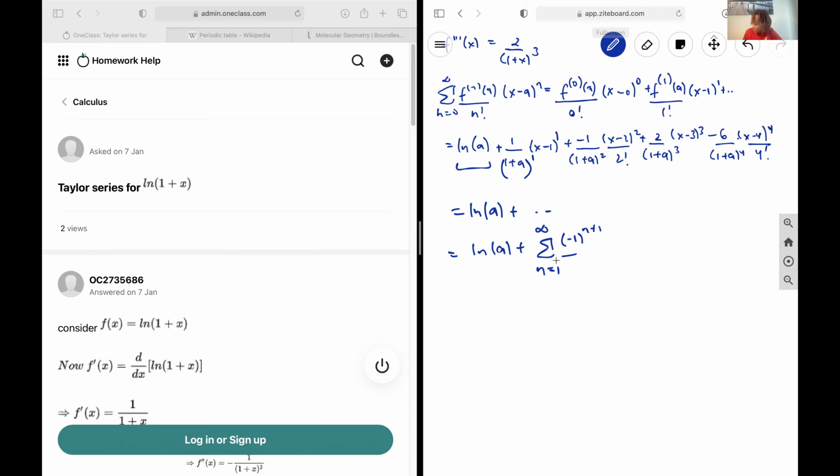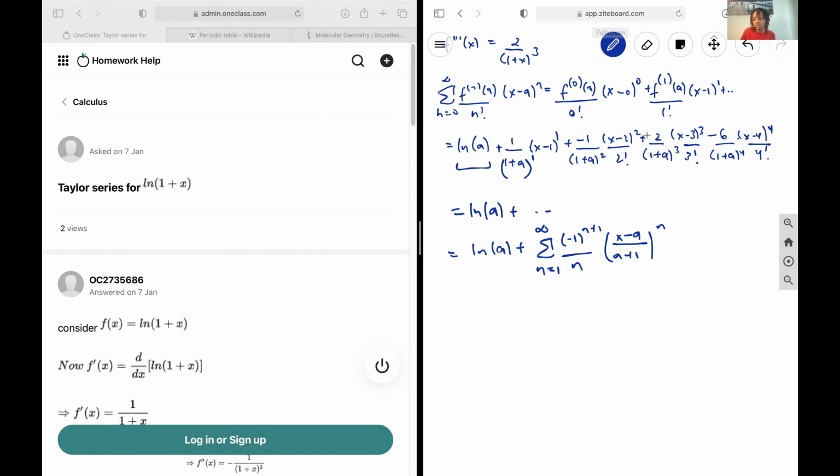And then we have over n multiplied by x minus a over a plus 1 all to the power of n. And so the reasoning for it being just over n and not factorial is because 3 factorial is going to be 3 by 2.